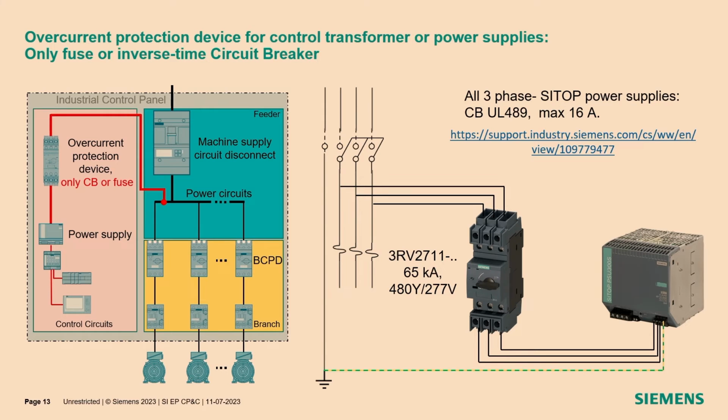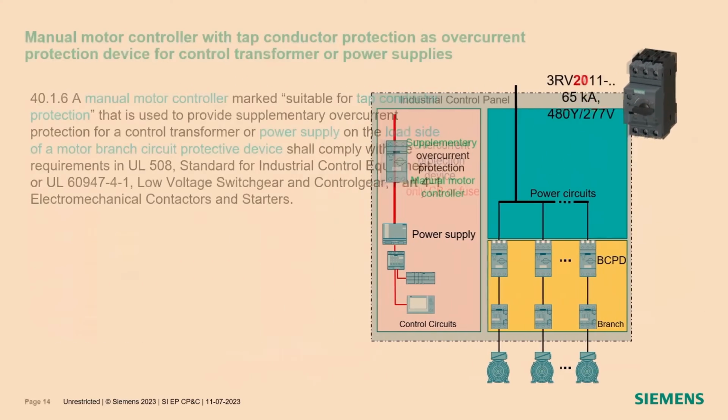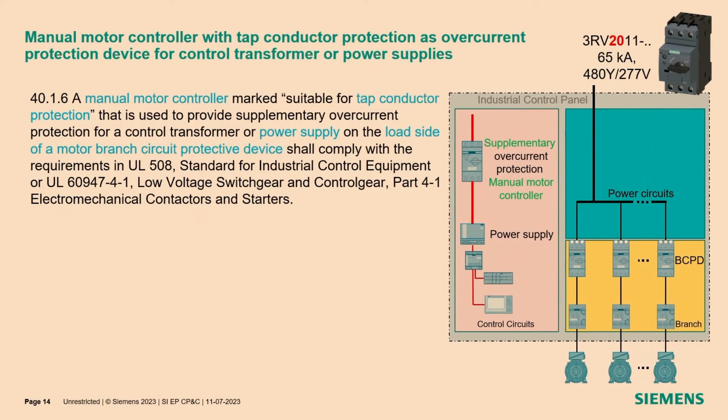But what is now new? You can imagine a lot of people ask me how we can use a combination motor controller for protection of a power supply. And this is still impossible. But our 3RV20 is not only a combination motor controller, it is also a manual motor controller. It is also tested as a manual motor controller.